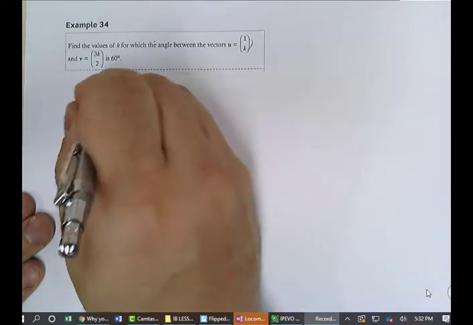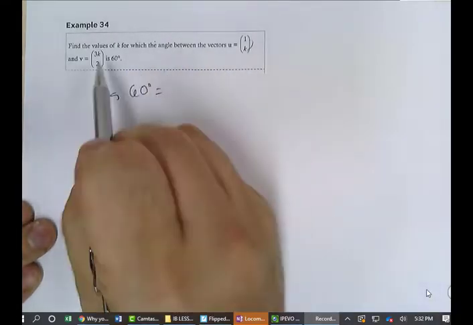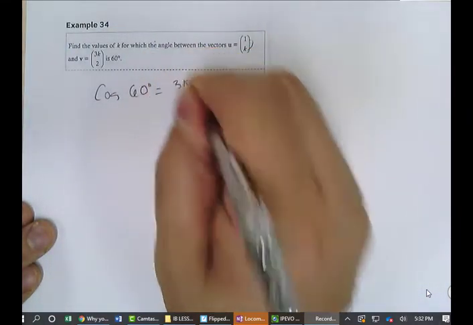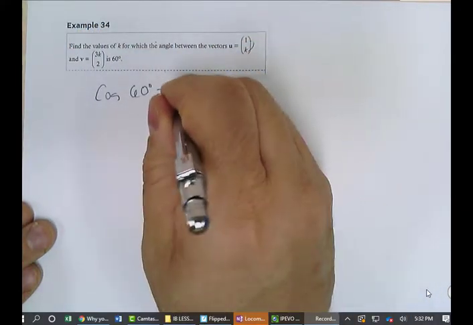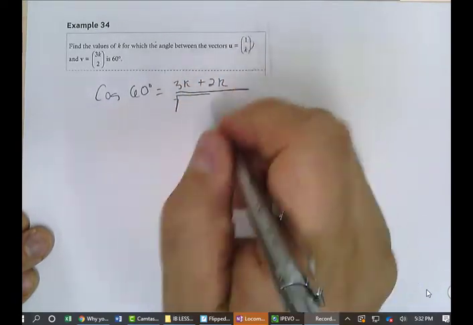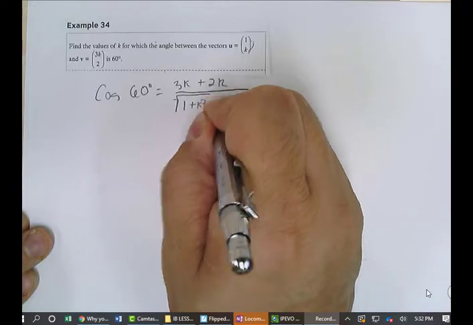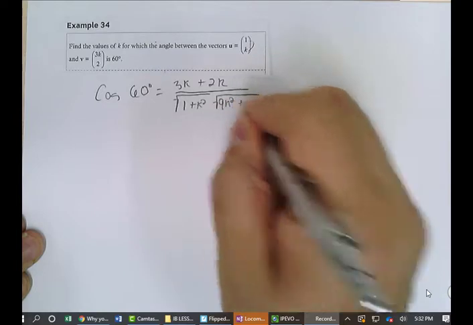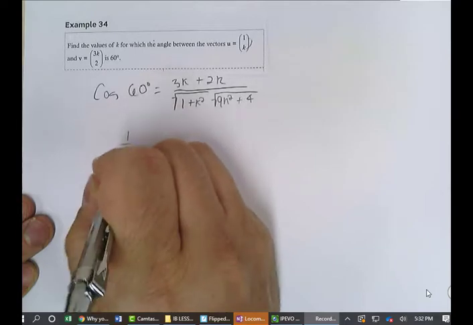So we know that the cosine of 60 degrees is going to be the dot product of these two, so that's 3k times 1, which is 3k, plus k times 2, which is 2k, and then on the bottom we're going to have the magnitude of u, which would be the square root of 1 squared, which is 1, plus k squared, times the magnitude of v, which is the square root of 9k squared plus 4, right?